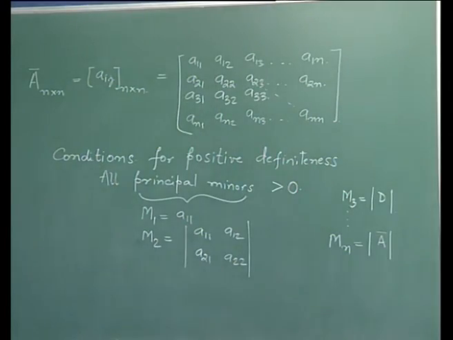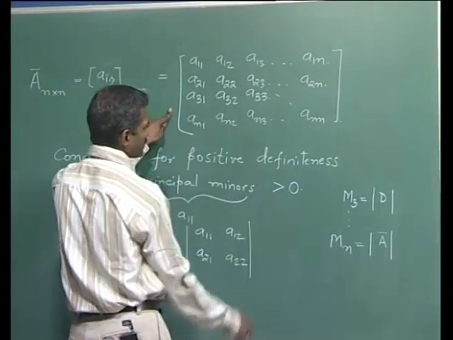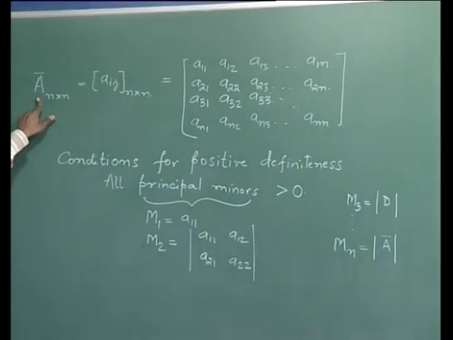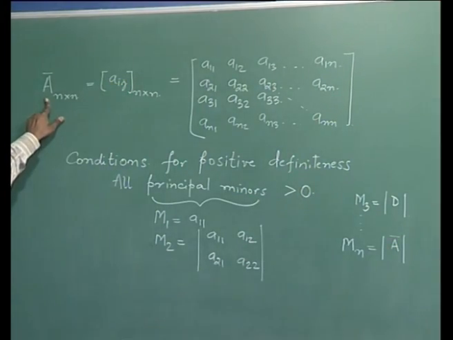Alternatively, we can also describe positive definiteness of the n by n square matrix in terms of its eigenvalues.